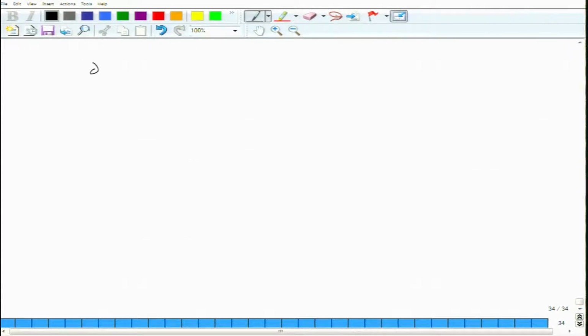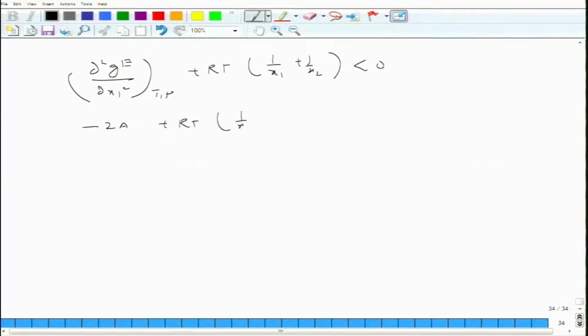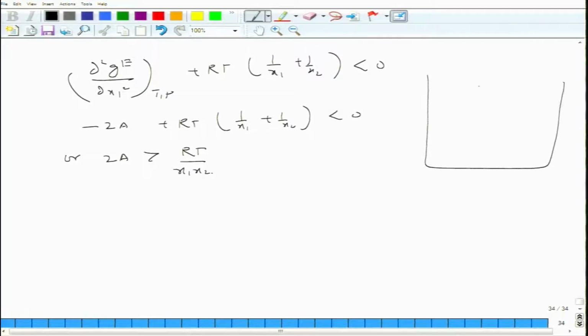So I can write this as minus 2A plus RT (1 by x1 plus 1 by x2) less than 0, or 2A greater than RT by x1 x2. So if you plot this RT by x1 x2 as a function of x, it will look like this, where the minimum value is going to be 4 RT. Okay.